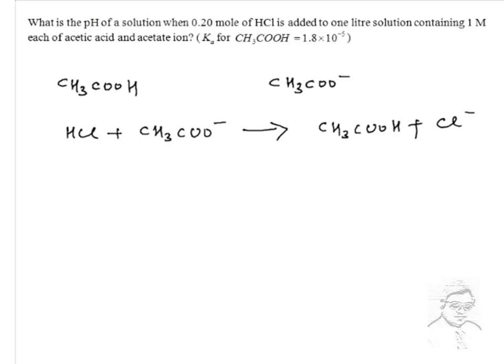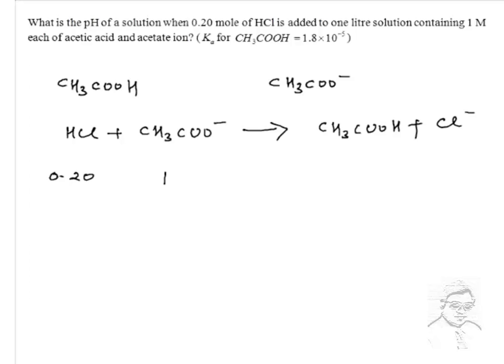How do we calculate the new pH? Just by knowing the new concentrations of these two, we can tell the new pH value. HCl is 0.2 moles. Then acetate ions 1 molar, 1 liter. That means 1 mole. Right?